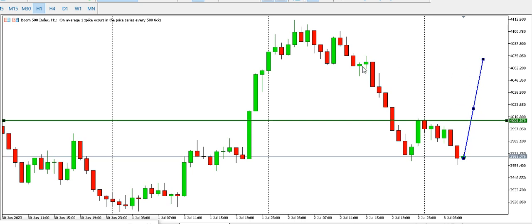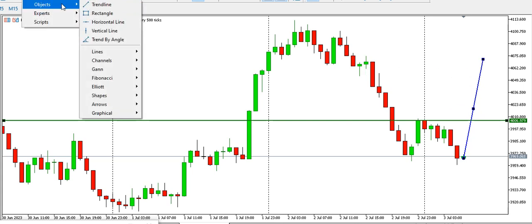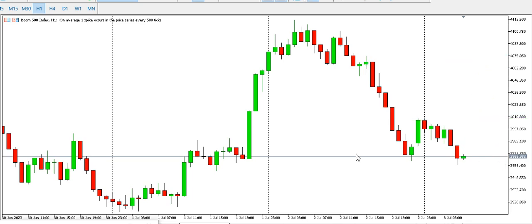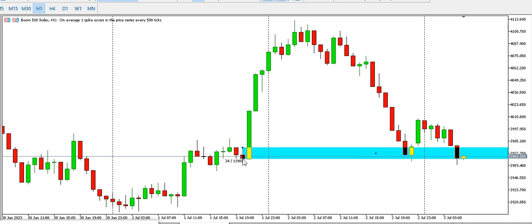We have this particular supply zone, this order block might serve as supply for price to drop back. But for now, price is reacting to this order block around here. It's trying to break below this particular order block. We already have a break below the order block, but is it going to hold?